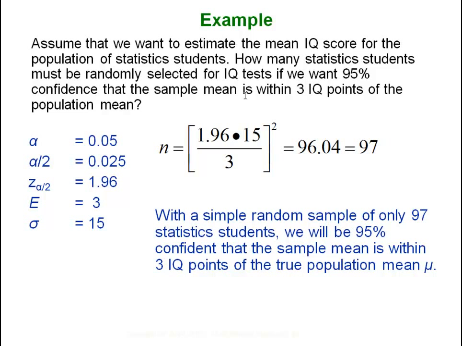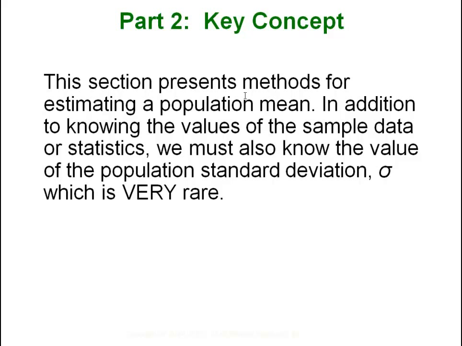And then the 15 comes from the standard deviation of the population that I guess we magically already knew, or we somehow got from one of those previous three techniques of doing the range rule, or from a little pilot study sample, or from somebody else's work. But we do all that, and it tells us we need to go and sample 97 people. Simple, easy.